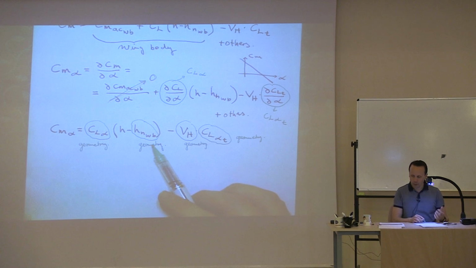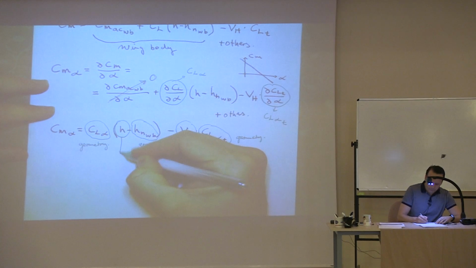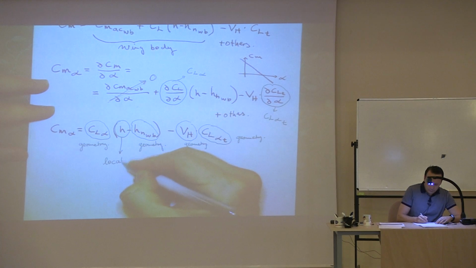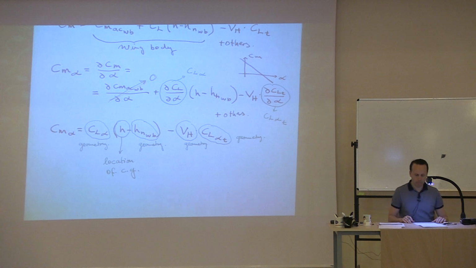So we have one thing left here, and that's the location of the center of gravity. Now that one is not really the geometry. This is the distribution of mass, how you distribute the mass.